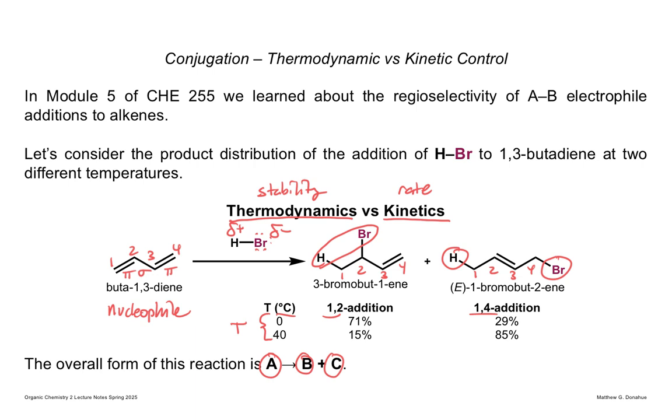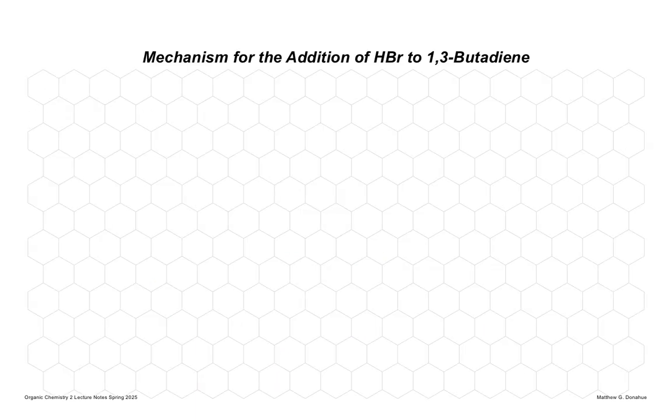So how can we start to explain how temperature affects the product distribution? What we'll do is draw out the mechanism, and then the remainder of the slides will just be some questions that individually probe the concepts.